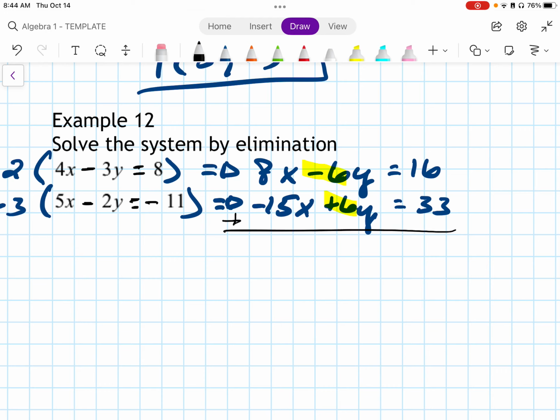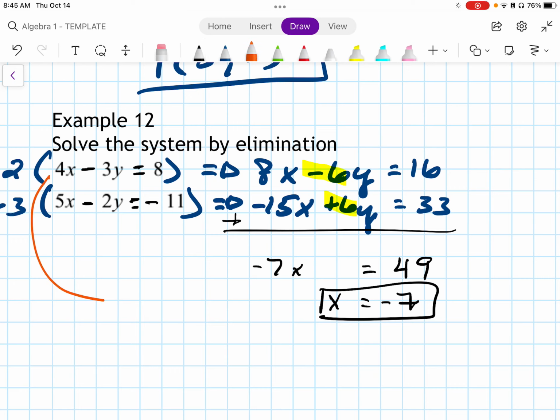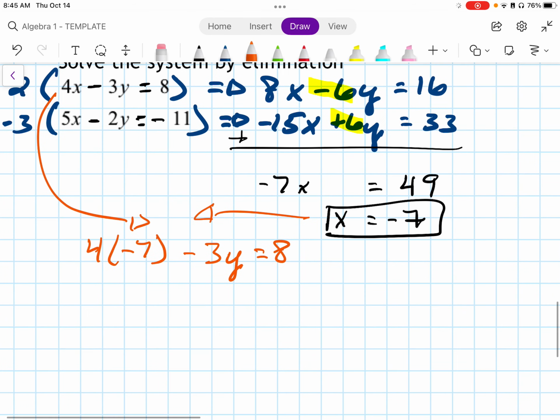So whenever I add them up, I'd have 8 minus 15 would be negative 7x, and then my y's go away, and I'd have 16 plus 33 would give me 49. Dividing by negative 7, x should be negative 7. Now I need to plug back in to get y. I'll plug into the top one here. So that should give me 4 times negative 7 minus 3y equals 8.